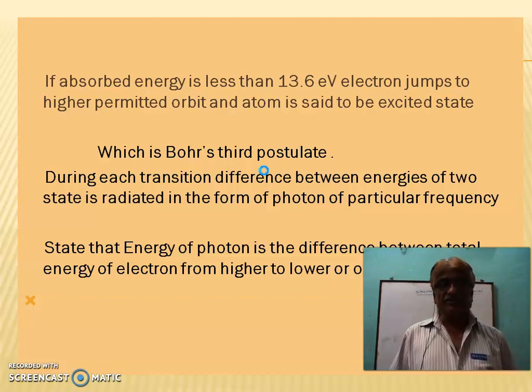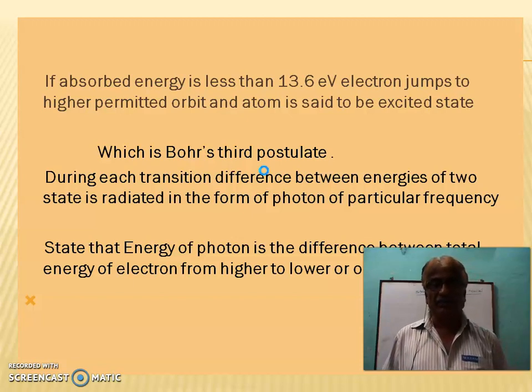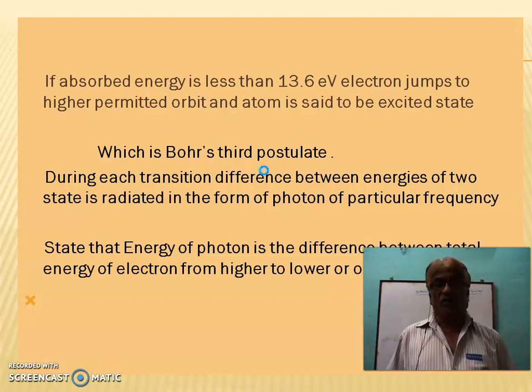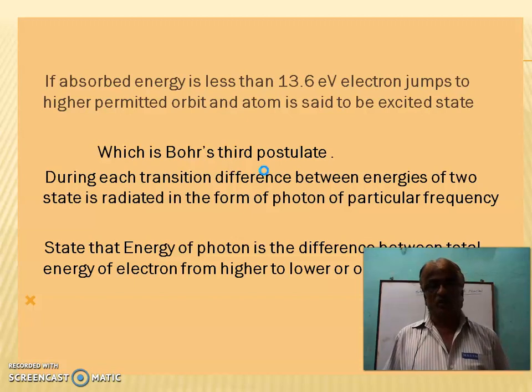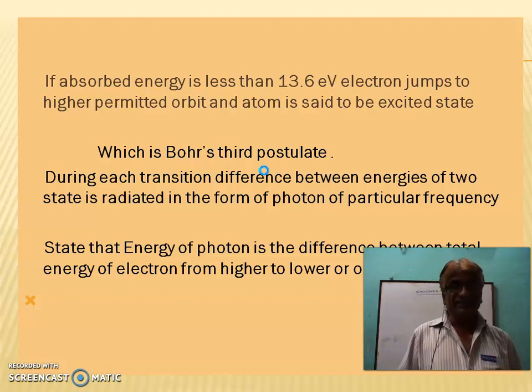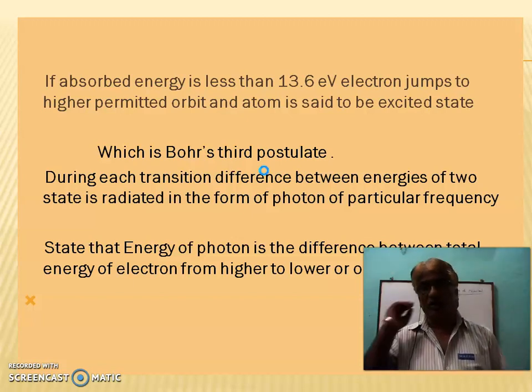The energy of the photon is the difference between the total energy of the electron from higher orbit to lower, or outer to inner orbit, and using this third postulate, we can find Bohr's formula. So in the next video we will see Bohr's formula to determine wave number or wavelength.